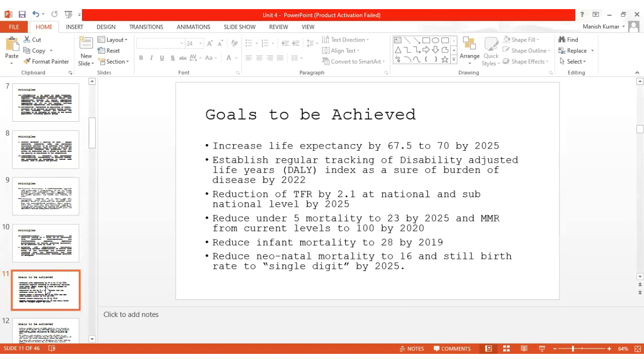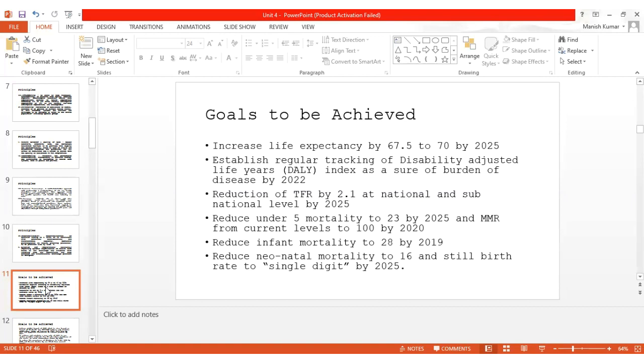So this national health policy says that life expectancy has to be increased from 67.5 years to 70 years by 2025. This is for India as an average. This does not talk about life expectancy rates for different states.